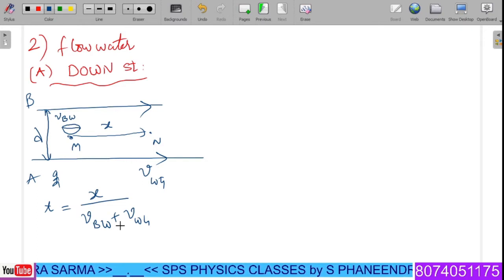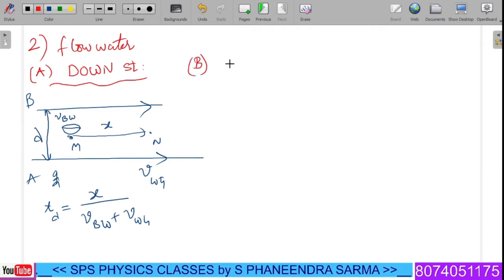One more time I am explaining: the boat is already moving with a speed of VB and the water also pushes it. As a result, for a person outside, the boat speed increases. Therefore, I wrote this as TD in case of downstream. And let us consider the next point, that is called upstream.